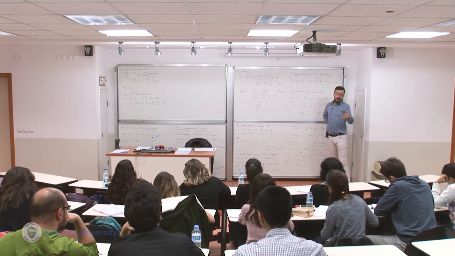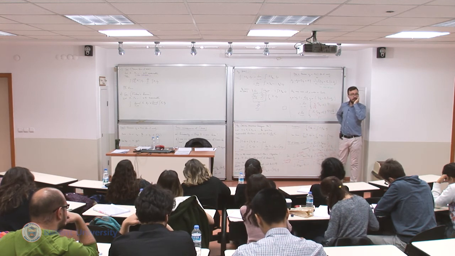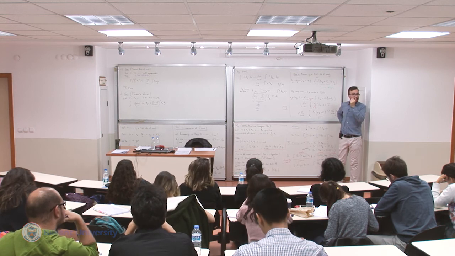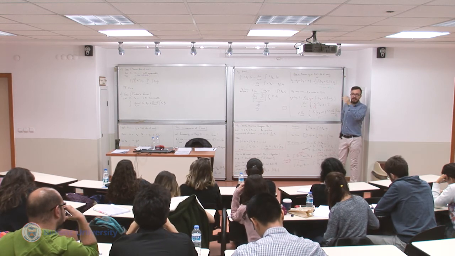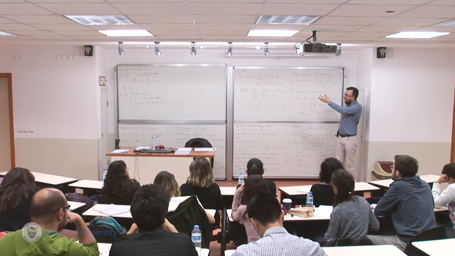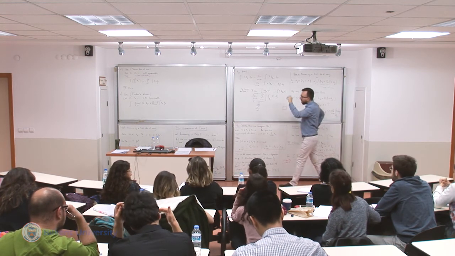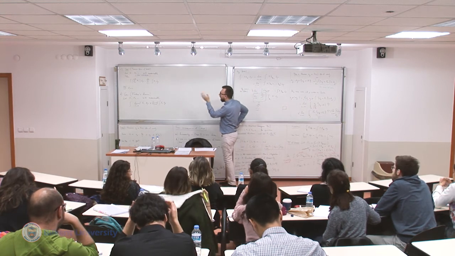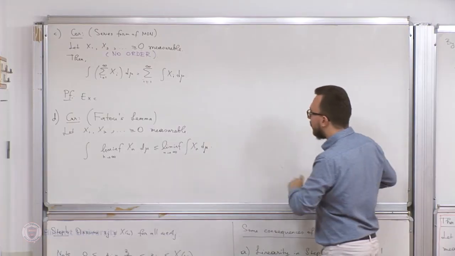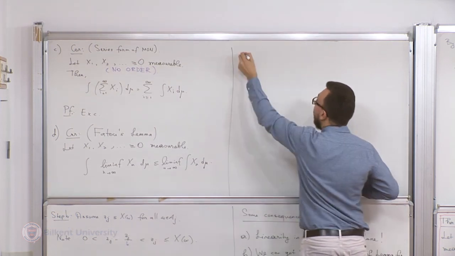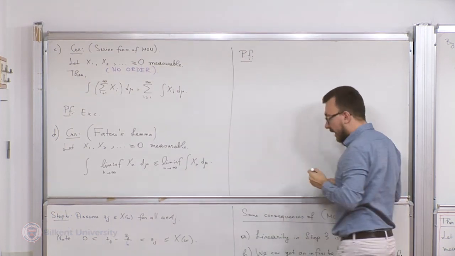But if you have an arbitrary sequence of positive measurable functions, their limit may not exist. In that case, at least you have a lim inf and a lim sup. So next time we're going to prove a version of this for lim sups. It's called reverse Fatou's lemma. But this Fatou's lemma is for lim inf. Okay? And let's prove it before we go. That's a nice important result.